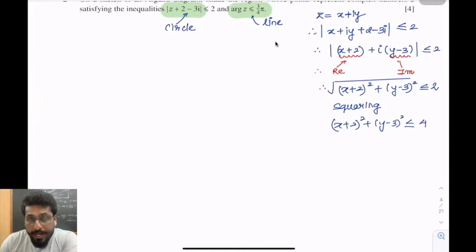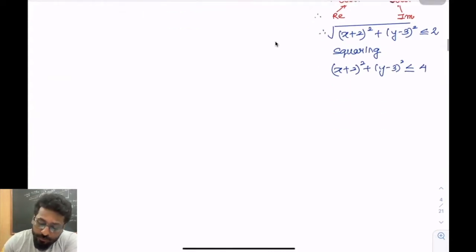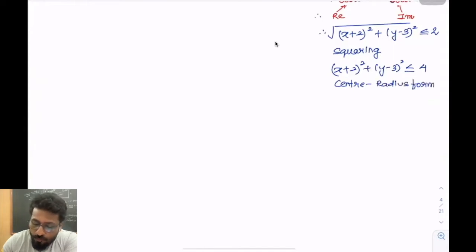So can you now identify that this is the equation of a circle in the center radius form, right? So this is the center radius form of equation of circle.